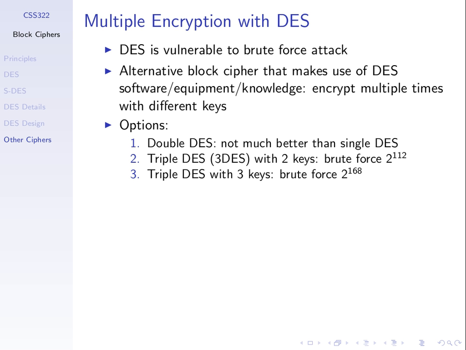When we use a single key, the key is 64 bits, but in terms of security, only 56 bits are used. So sometimes you'll see it as a 56-bit key, sometimes as a 64-bit key. It is 64 bits in length, but we only use 56 inside the encryption part.